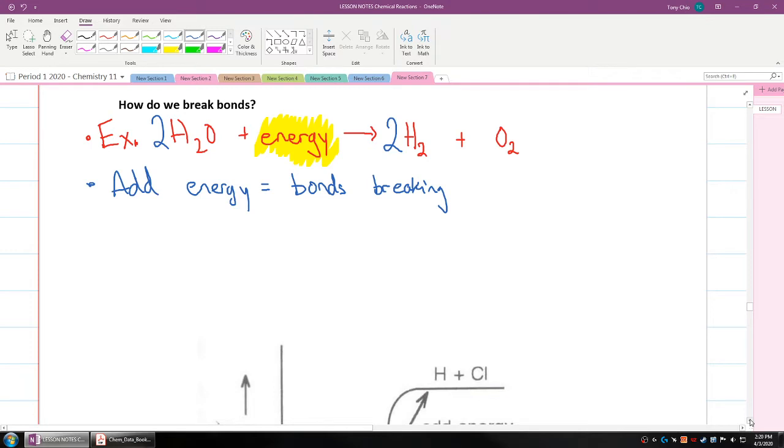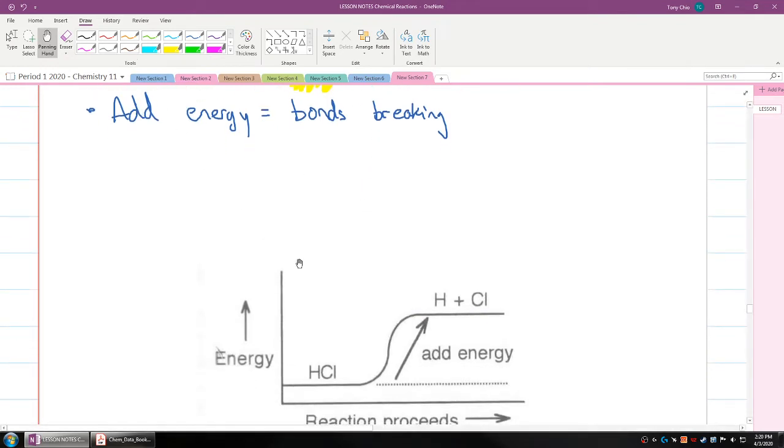But now let's talk in terms of reactants and products. Which of them has more energy? Do the two water molecules have more energy, or do the two hydrogen gas molecules and the one oxygen gas molecule have more energy? Which side, the reactant side or the product side, has more energy? Well, if you added energy into the water molecule, then that means the products should have more energy.